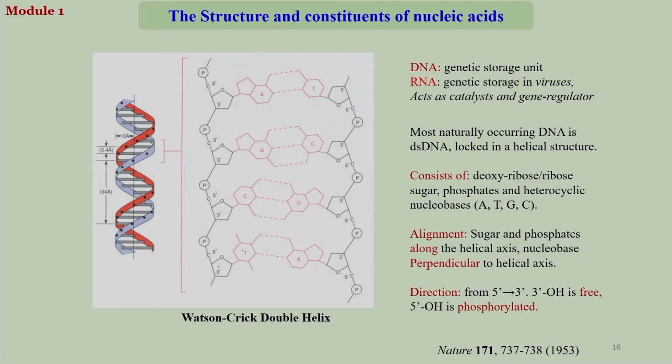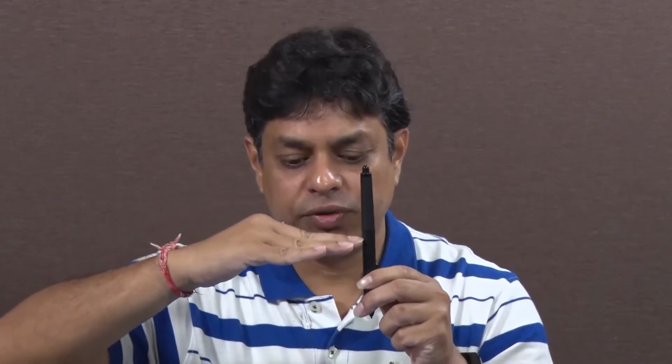I have mentioned that the sugar and the phosphate make the skeleton, the backbone of the DNA, and then the flat aromatic nucleobases are perpendicular to the sugar, to the helix. That makes a perpendicular position, so that one nucleobase and then the second nucleobase are on top of each other. So I will try to draw the structure.